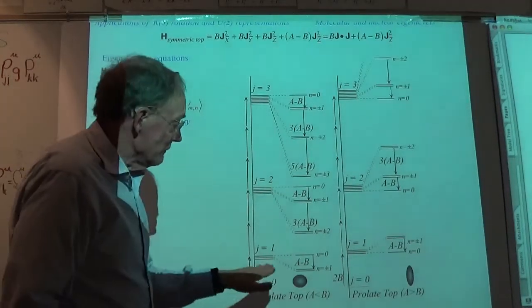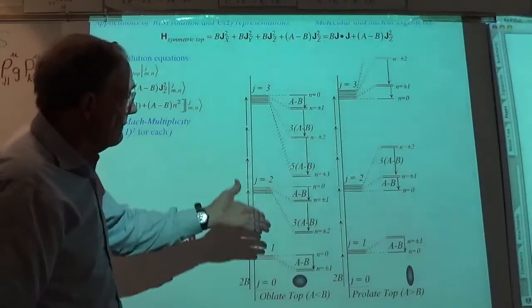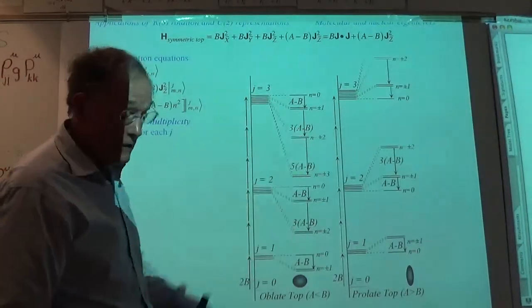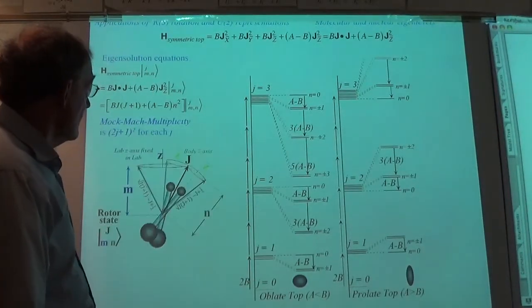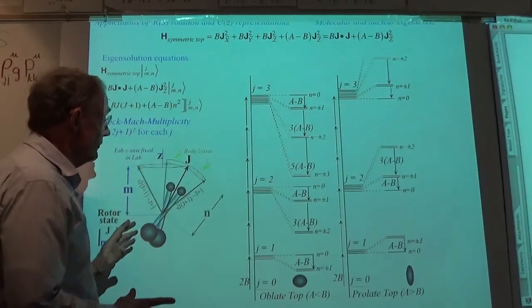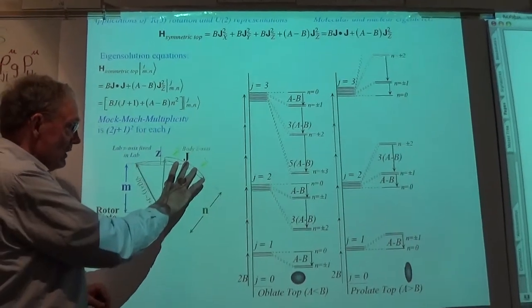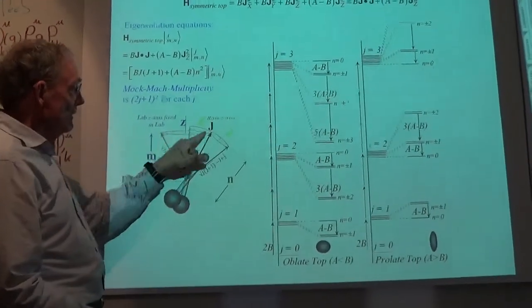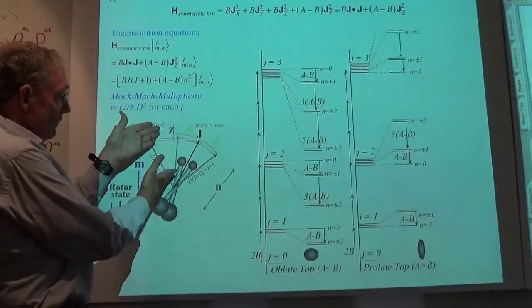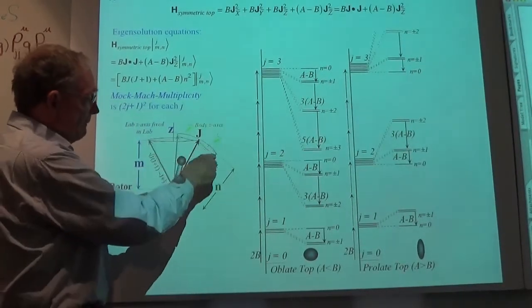Now this is a flat molecule, this is an elongated one. Up and down they're going to go, it depends on the sign of A minus B. And this is the best way I can picture what we have here. This is the idea of an angular momentum J that has a cone in the laboratory frame and one in the body frame.